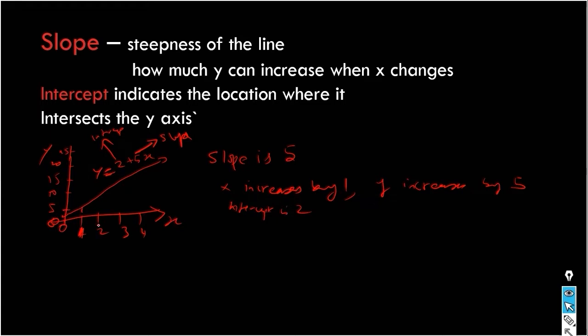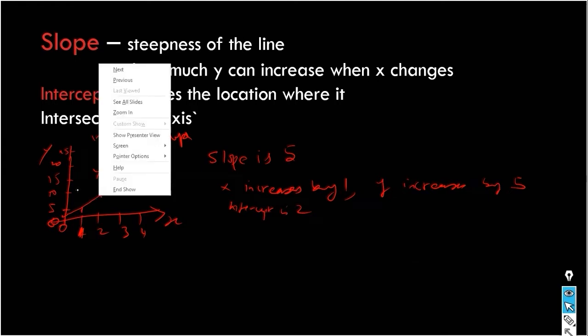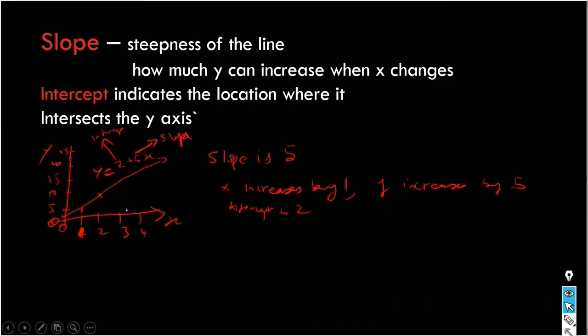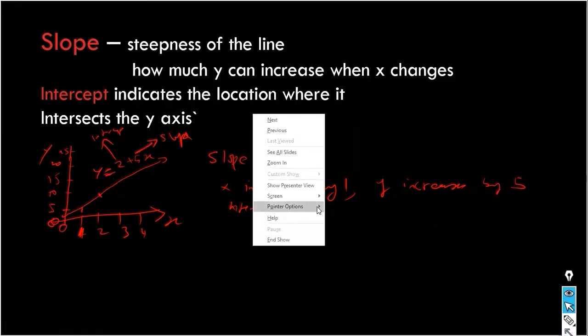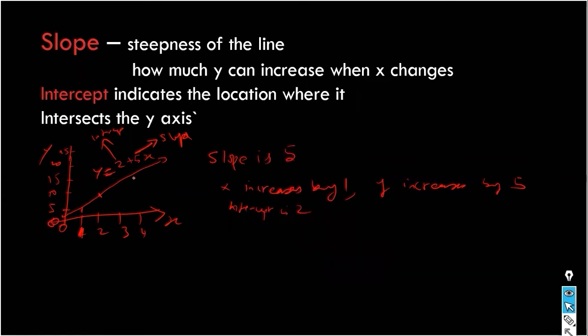When x increases by 2, it is 10. And the next one, x of 3, is 15. So when the value of x is 1, the y value is going to be 5. When the value of x is 2, it is going to be 10. When the value of x is 3, it is going to be 15.